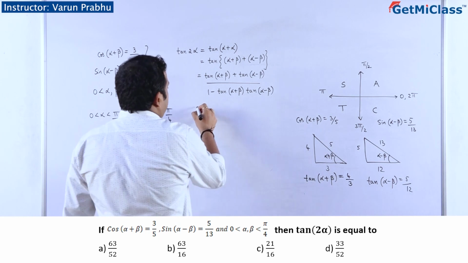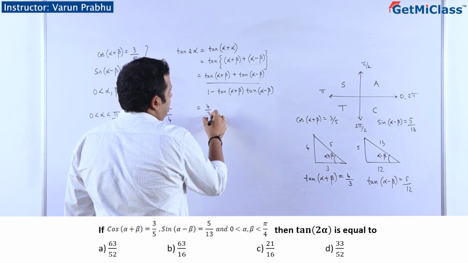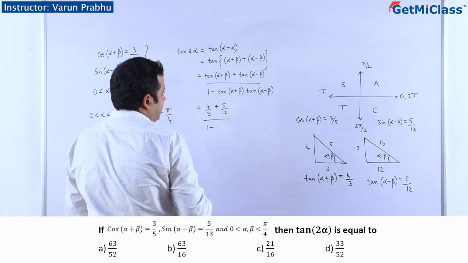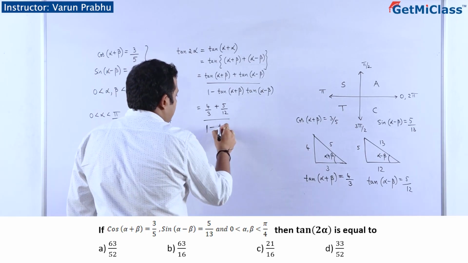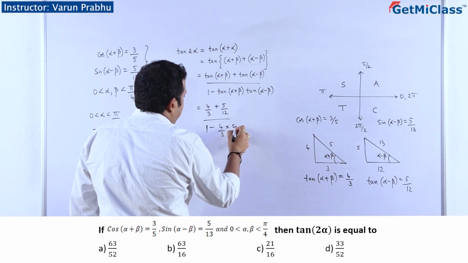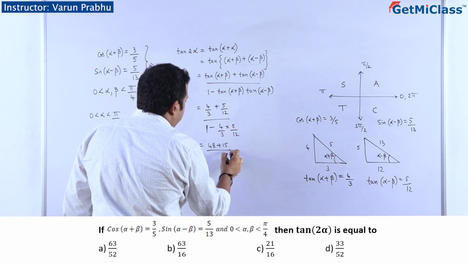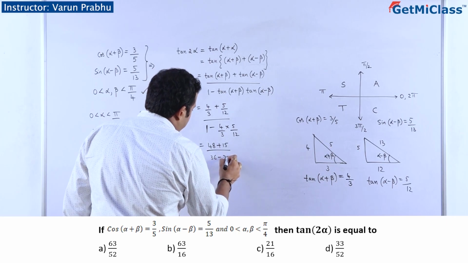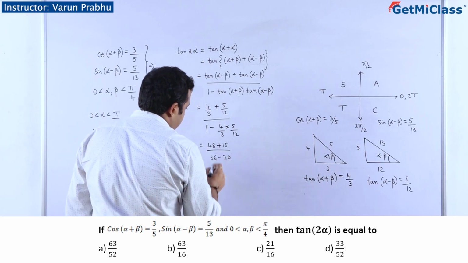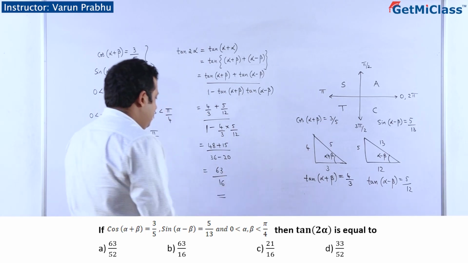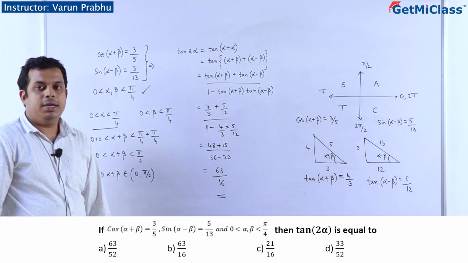So, substitute here, tan of alpha plus beta is 4 by 3 plus 5 divided by 12, divided by 1 minus 4 divided by 3 into 5 divided by 12. So, 48 plus 15 divided by 36 minus 20. So, 63 divided by 16. 63 divided by 16 will be the answer to the question.